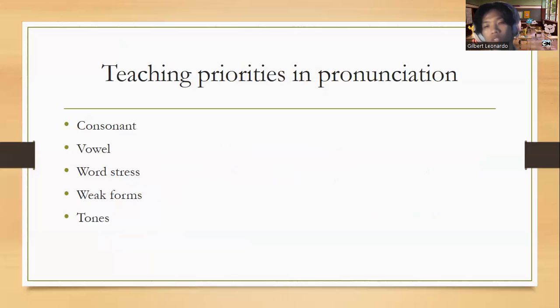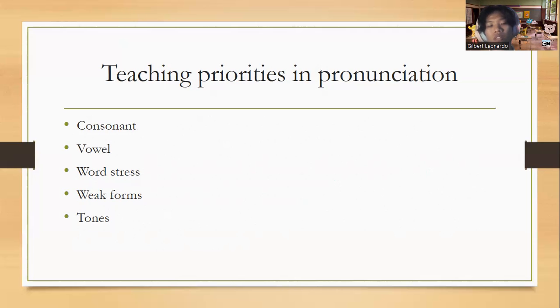So in pronunciation, there are teaching priorities. The first are consonants, like B, C, D, F, G, H, and so on, and vowels, A, I, U, E, O, and the word stress. Now, what is word stress?